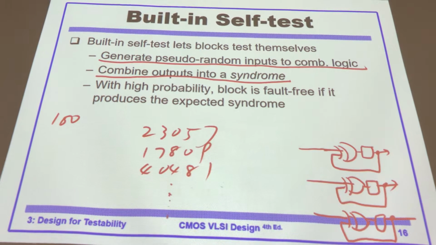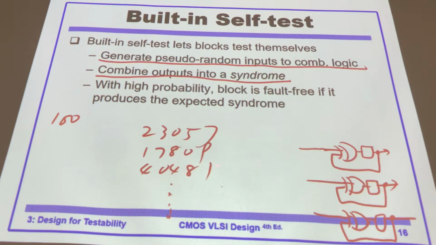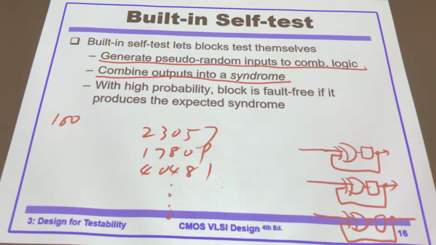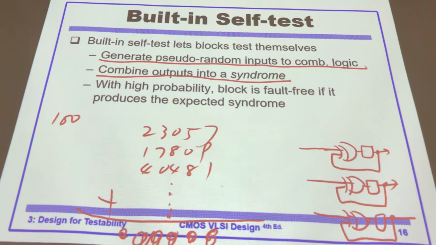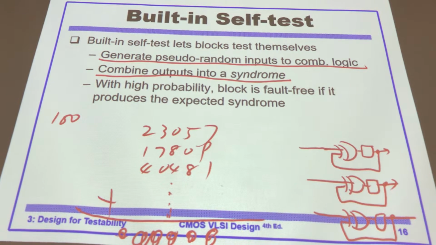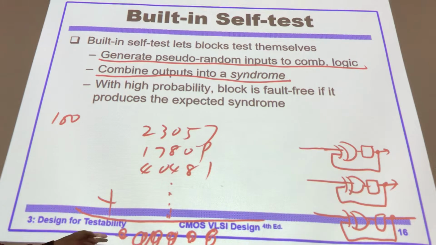We don't want to spend too much time making sure that each ID is correct. How about we add them together? You're going to get some value. If these are all correct, then the sum must be correct, right?